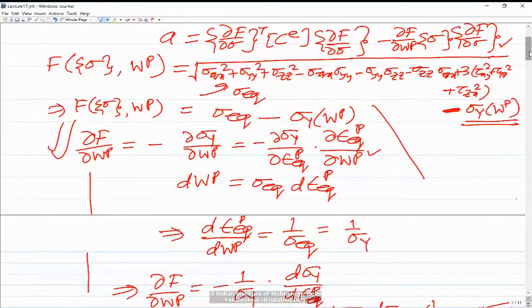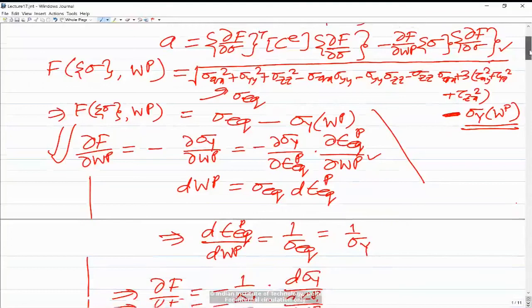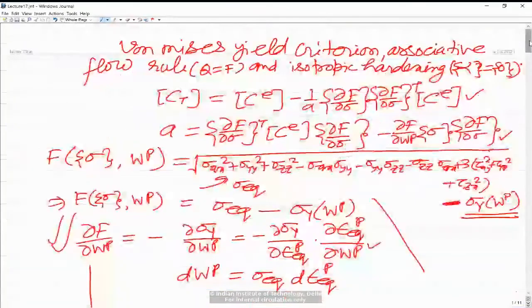Okay, sir. Thank you, sir. Hello, sir. On this page, sir, a little above. The value of CT should be C minus 1 upon A C. There should be a C before del F by del sigma.